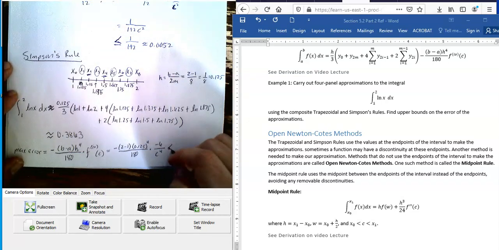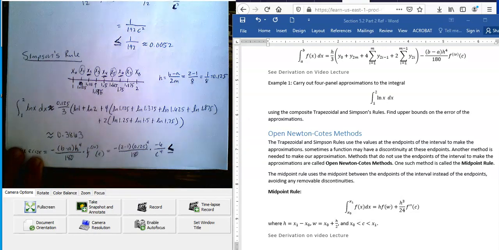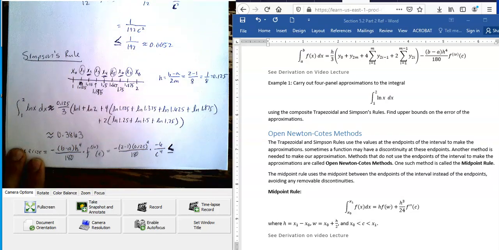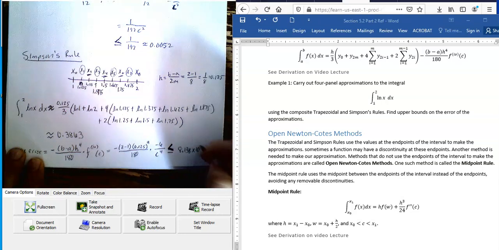And we know that this is less than or equal to, because when c is 1, we get the maximum value for this. Let's see what we get. So the negatives will cancel. We have 0.125 to the 4th times 6 over 180, which is 8.138 times 10 to the negative 6th power.